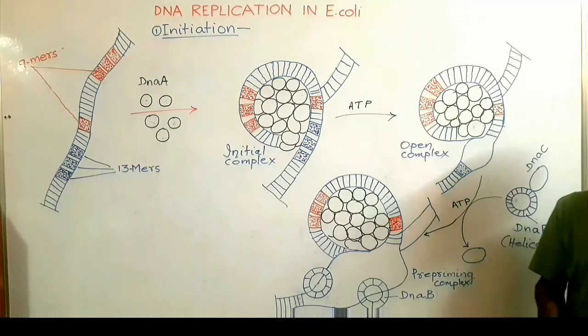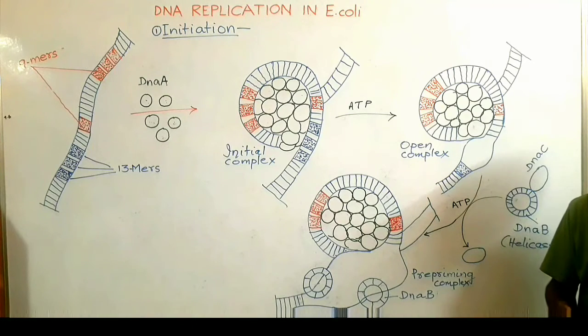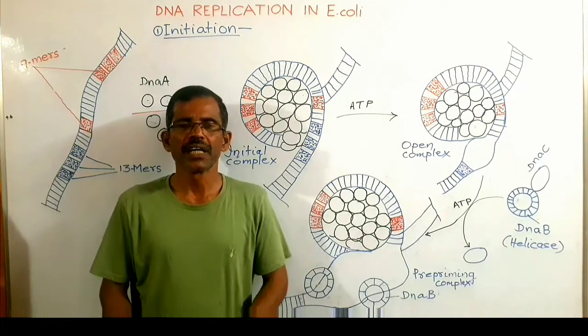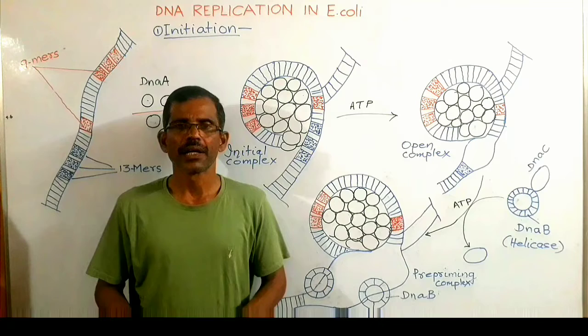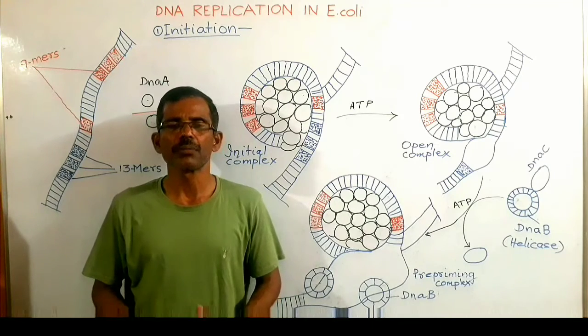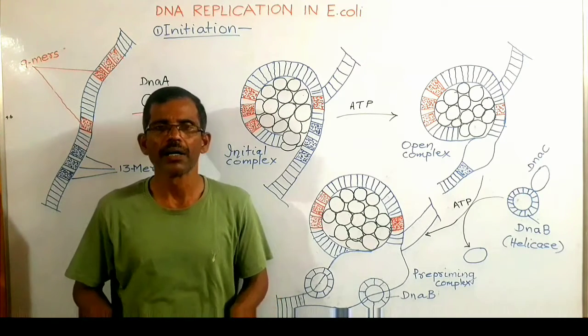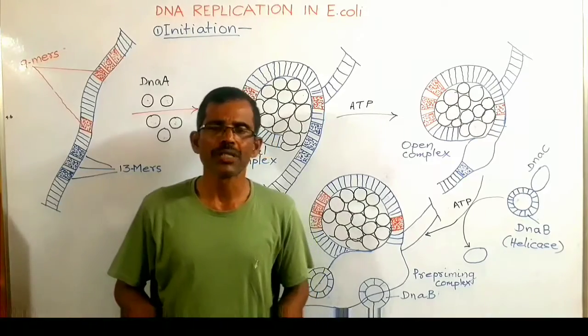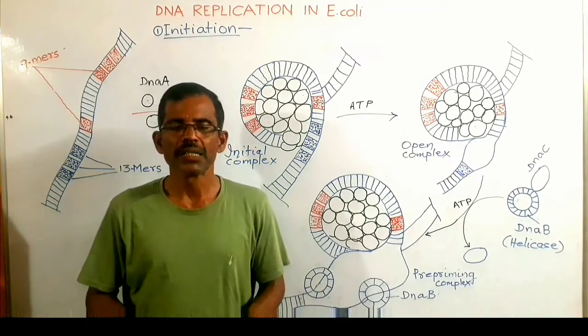After this, specific proteins known as single-stranded binding proteins attach to the separated DNA strands and stabilize them. Friends, the enzyme DNA polymerase cannot initiate the process of DNA replication. Thereby, another enzyme known as primase is needed.